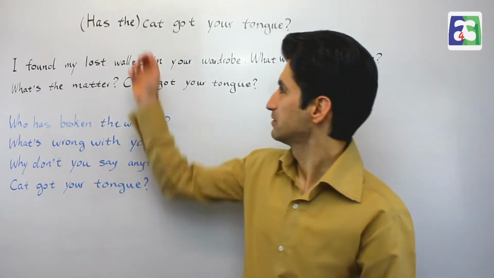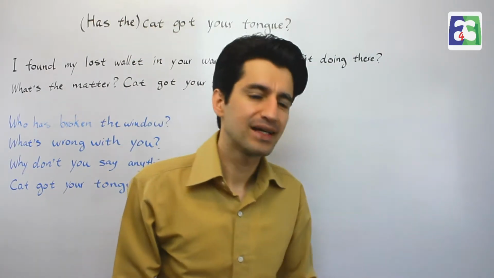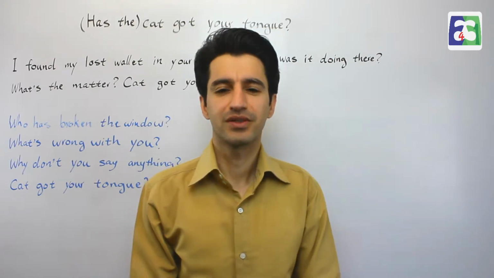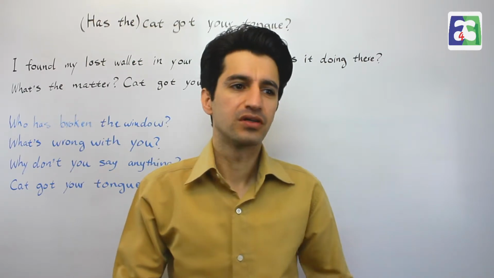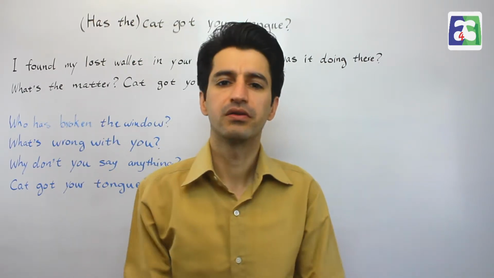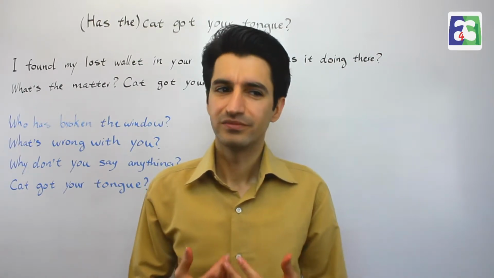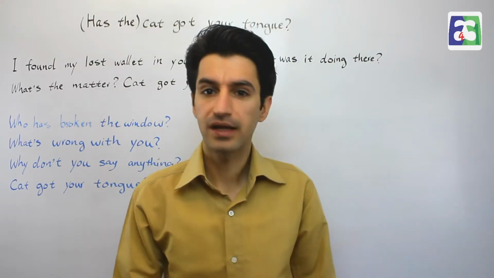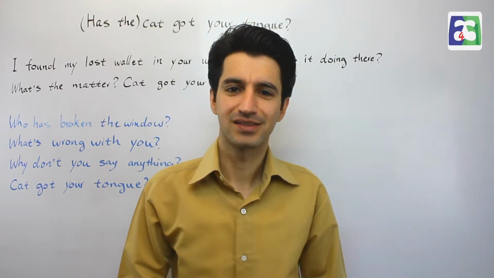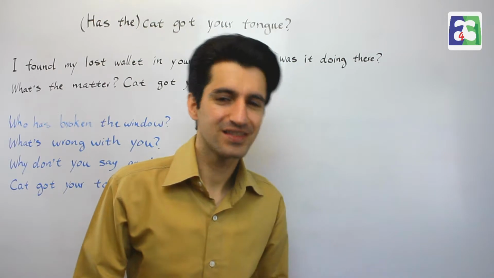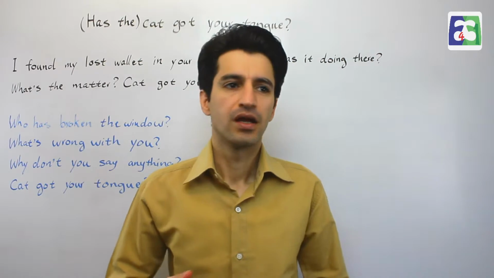Okay, an adult talking to a child says, "Cat got your tongue," and that is mainly when the child is very quiet, either because the child is shy, because the child doesn't know the adult, or the child has done something wrong and is not saying anything, has chosen to be silent. In these cases, we ask them why they don't say anything.